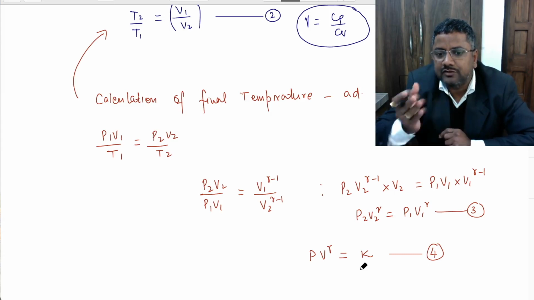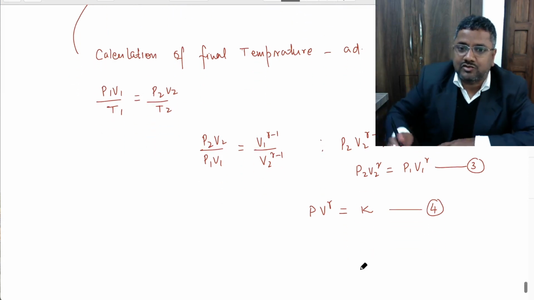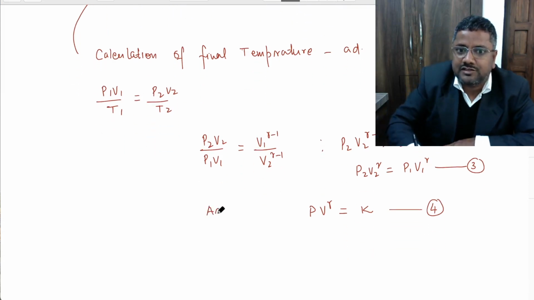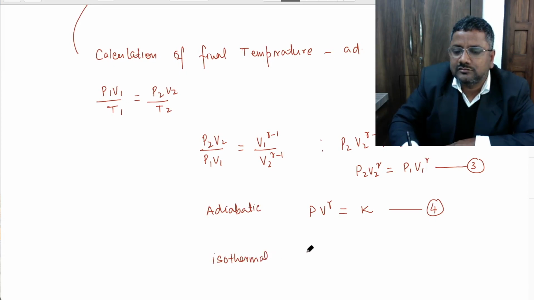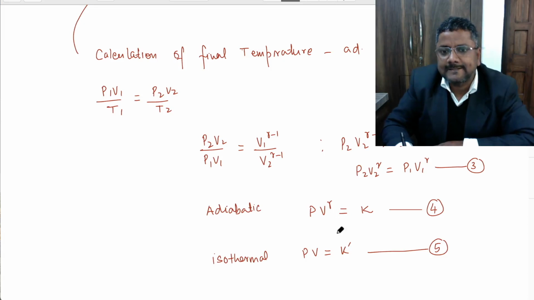And here PV to the power gamma is equal to constant. So this is the difference between isothermal and adiabatic process. PV is equal to K dash.